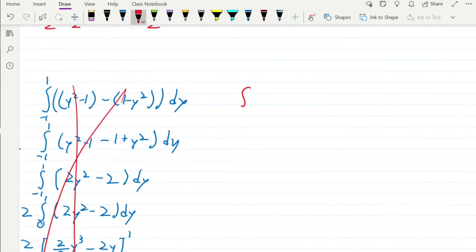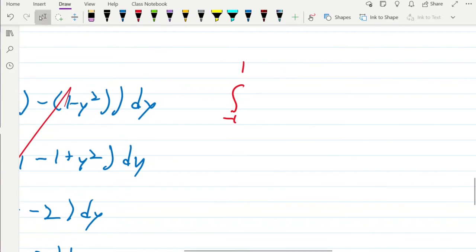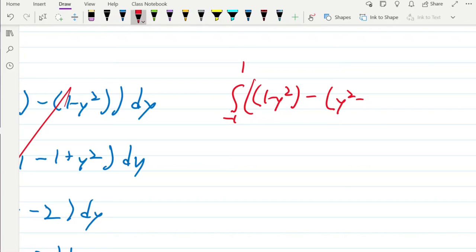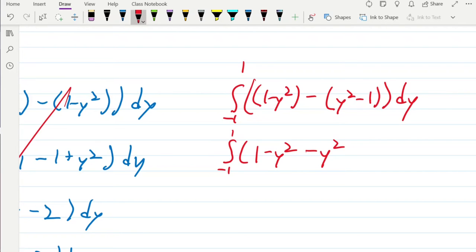So it's going to be from -1 to 1 of 1 minus y squared minus y squared minus 1 dy. From -1 to 1 of 1 minus y squared minus y squared plus 1 dy.